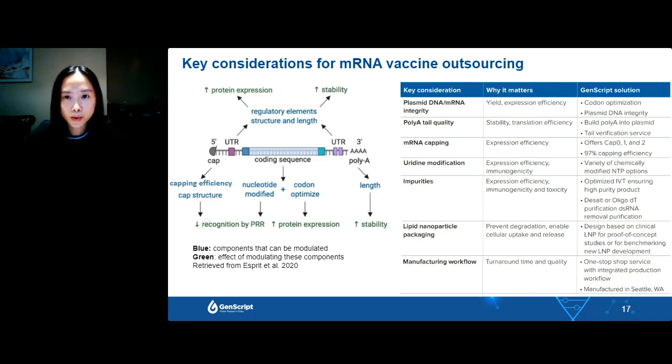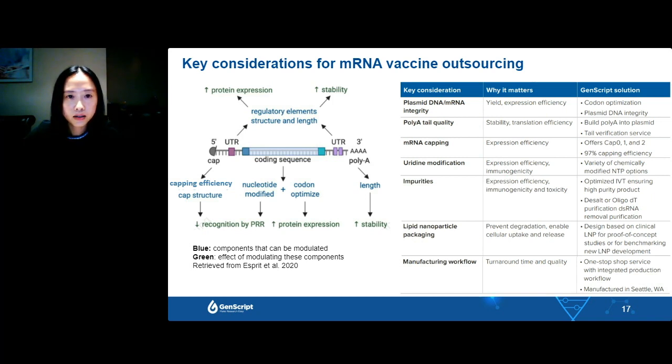And at GenScript, we are the number one gene synthesis company, and we have a platform to guarantee good codon optimization and also ensure the plasmid DNA integrity.